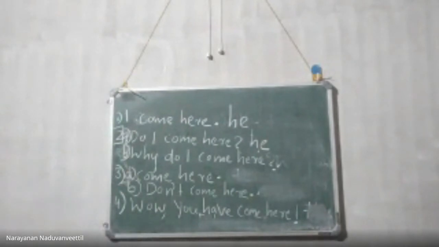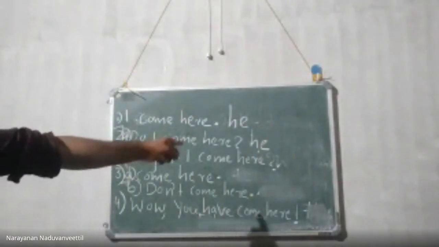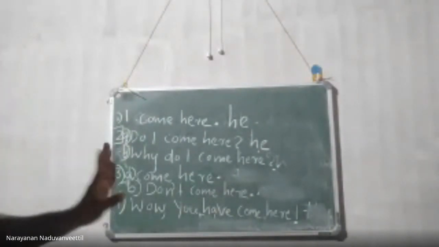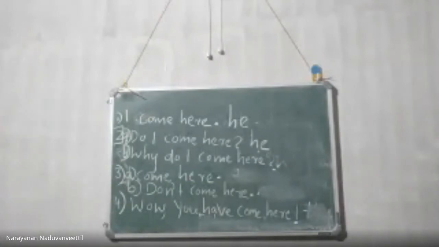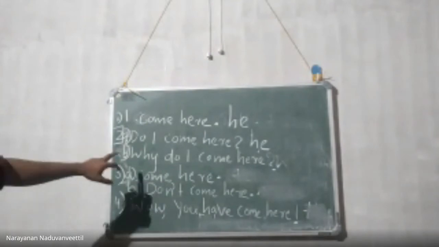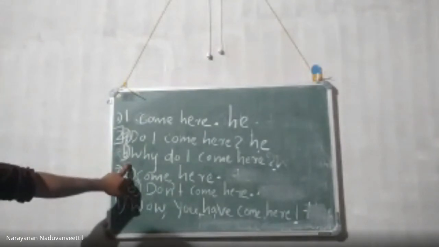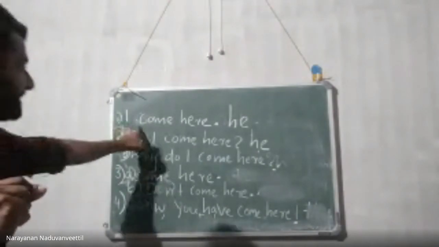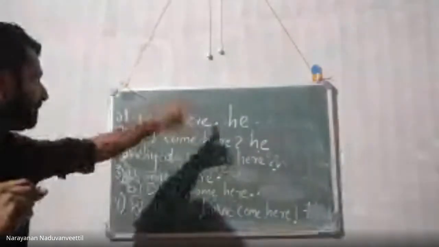B, how would it come? "Why do I come here?" Rohan asked Rahul why. Next task is finding the subject, because this is a question sentence, an interrogative sentence. You cannot write any sentence in reported speech in the question pattern. You have to write each and every sentence in the assertive pattern, subject verb object pattern.